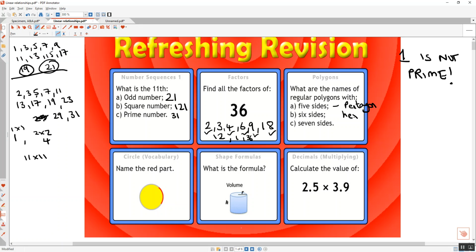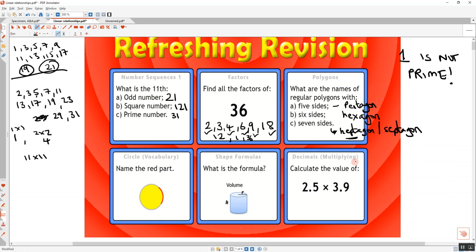Okay. Hexagon and heptagon, or some people did actually say septagon, which is fine as well. But we more often than not use heptagon.